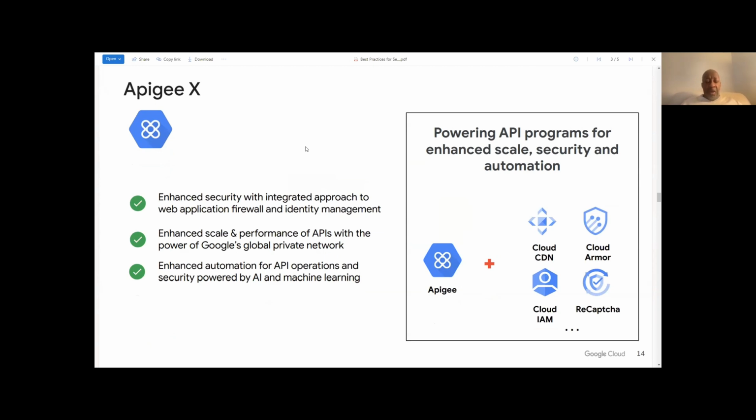It has monetization features so that you can identify APIs that could be very revenue producing because of the amount of traffic or the amount of need.